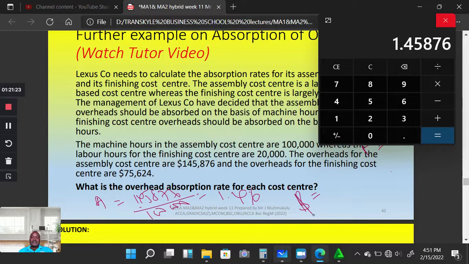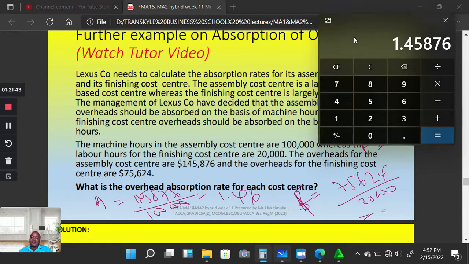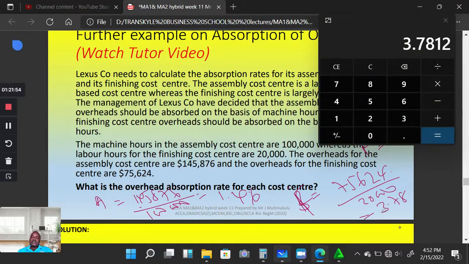The finishing is going to be 75,624 divided by how many hours? 20,000. So 75,624 over 20,000, that's $3.78. Okay, these are the OARs, the overhead absorption rates, for each cost center.